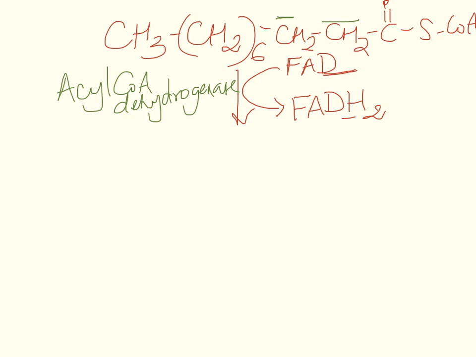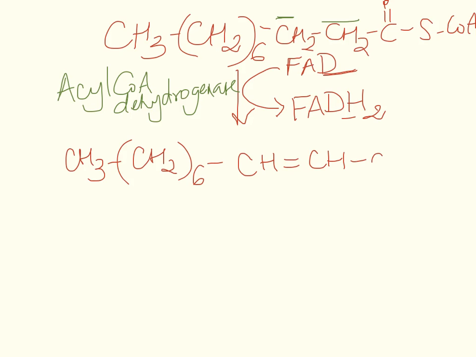So you get CH3, CH2 6, CH double bond CH, C double bond O, S, CoA. So where is the change? Here, alpha and beta carbons, right? So this is oxidation, right? So dehydrogenase.